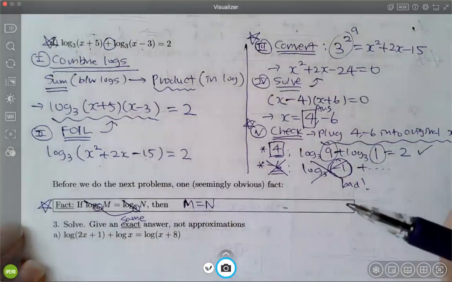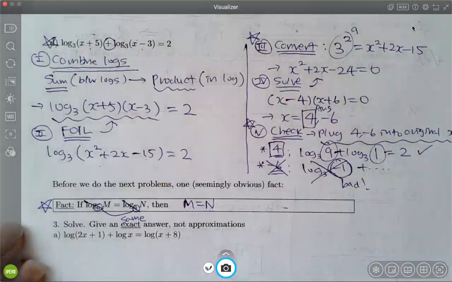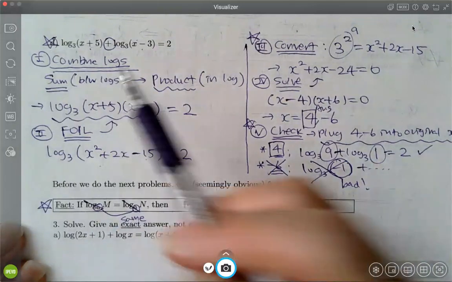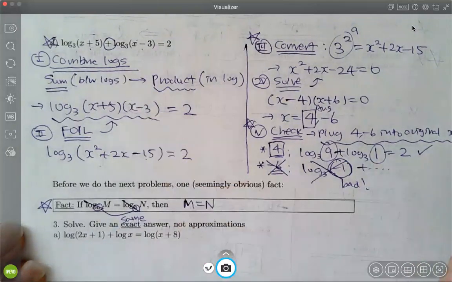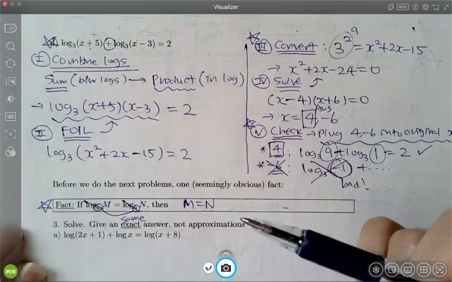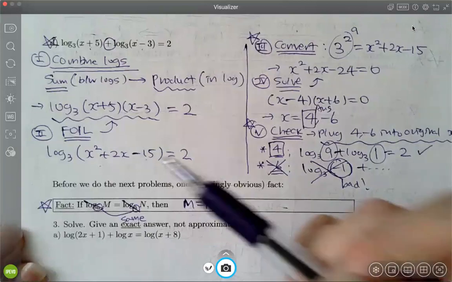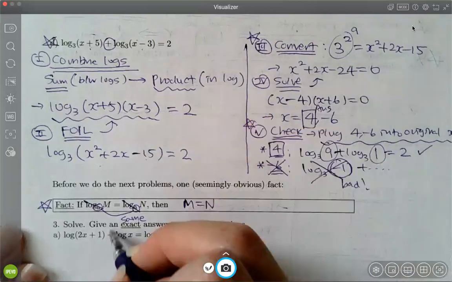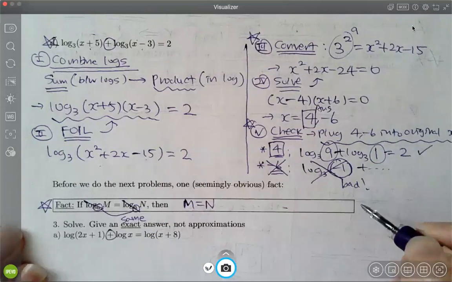Okay. So does that mean the steps need to be changed? No. We just look at the left-hand side and see if we have to combine logs. And what do you notice here? We do have to combine them, right? Because we don't have a single log. Okay, so what do you do? Well, we see again the summation, right? So what does that mean? The sum turns into the product.